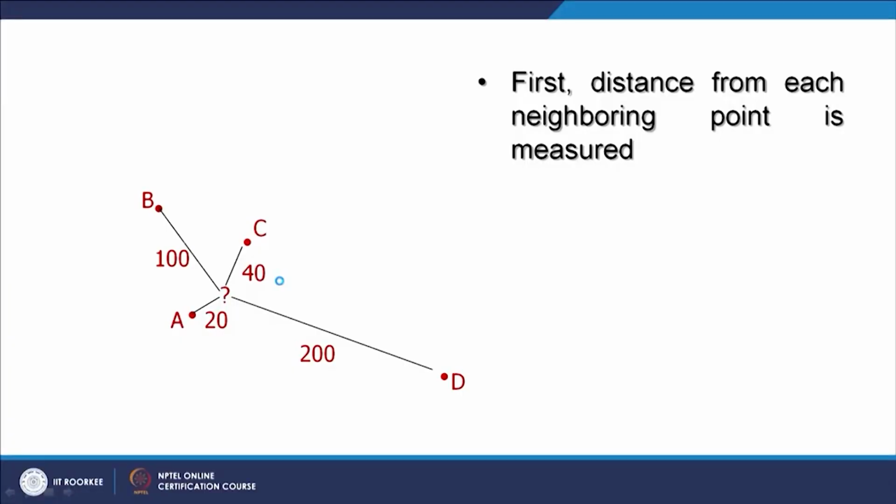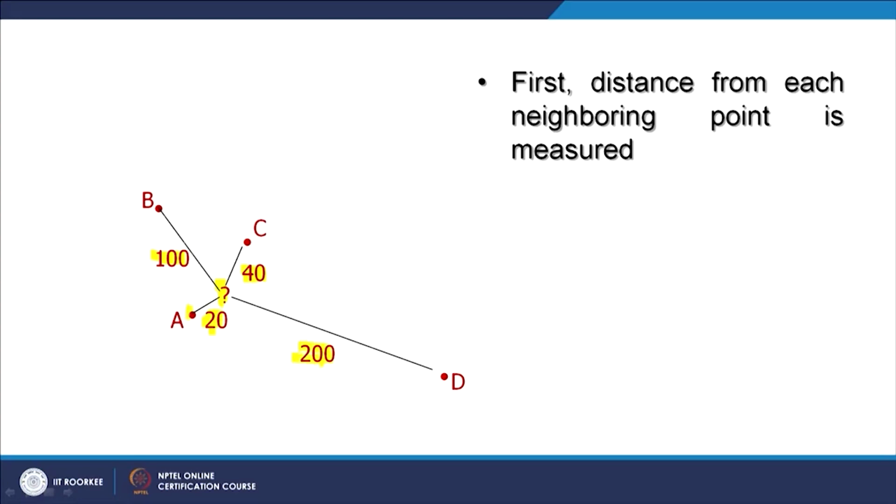Now, as we have seen in the earlier examples, whichever point is close will have the maximum influence. Let me take a slightly different example here, with an unknown location where the question mark is. These are my input points A, B, C, D, and these are the distances marked as 40, 20, 100 and 200.